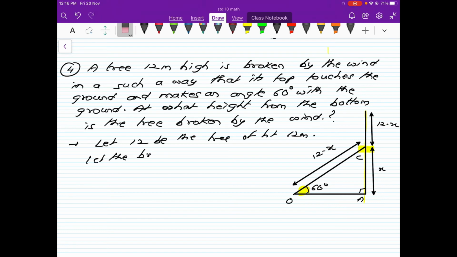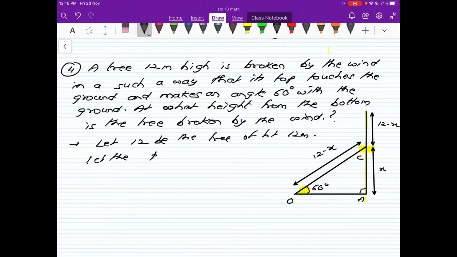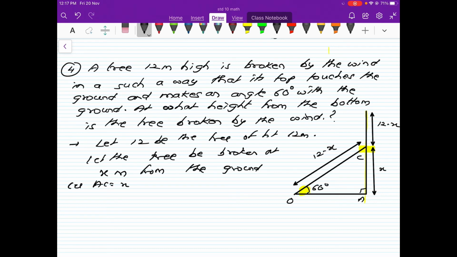Let the tree be broken at x meters from the ground. Okay, so now we will take let AC is equal to x.